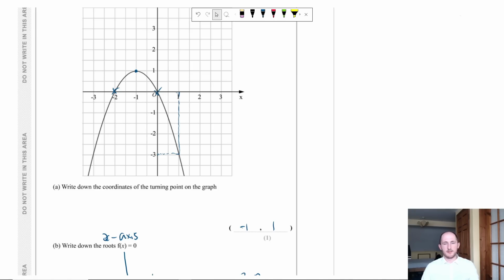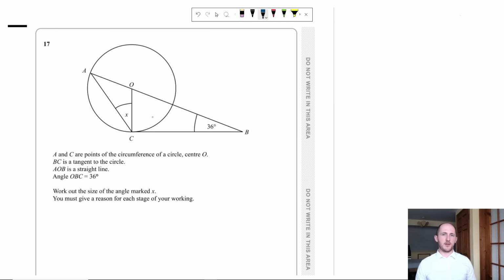Here's a layout that some of you are probably familiar with, especially if you watched my circle theorems video, right? Sick plug. A and C are points on the circumference of a circle centre O. BC is a tangent to the circle. OBC is 36. Work out the size of the angle marked X. So first of all, you have to give a reason for each stage you're working out.